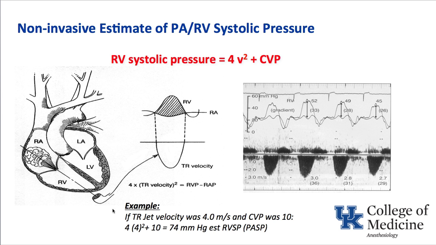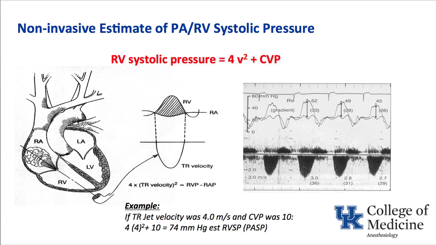So I gave you an example at the bottom here where a continuous wave Doppler was placed across a tricuspid regurgitant jet. We get a trace like this. The velocity in this case is about 3 meters per second. So we can put that into the equation, and if it was 3, it would be 4 times 3 squared, or 4 times 9 would be 36, plus you add the CVP to it.